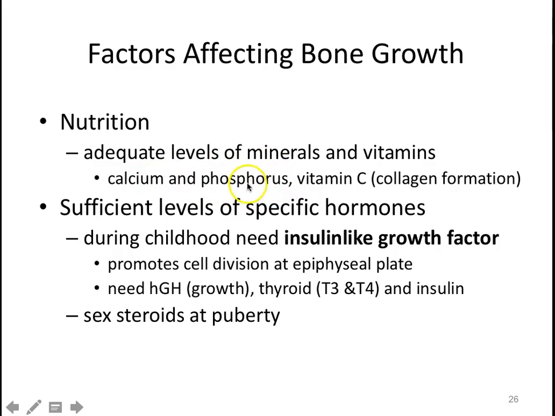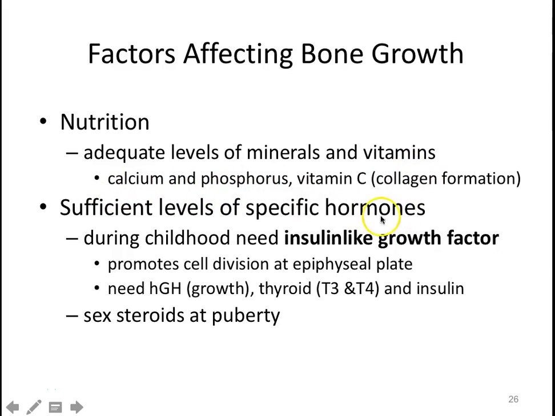Same thing is true for phosphorus, right? You have calcium phosphate as one of those minerals making up that hydroxyapatite, so you have to have both. Vitamin C is actually very important in collagen formation. And again, you have to have collagen for proper bone formation. If you don't, you will have very brittle bones, and we'll see the extreme of that in a little bit.